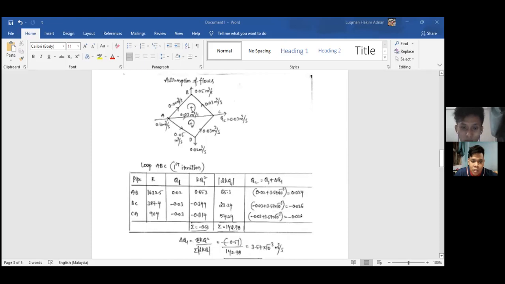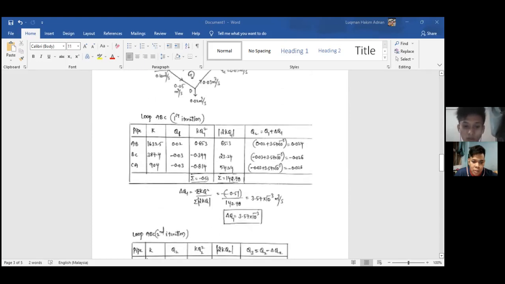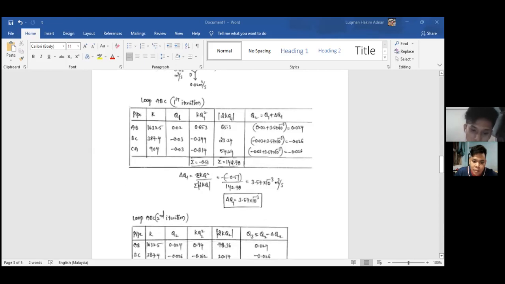We need to assume the flow of each pipe using the formula: delta Q equal to the total of KQ squared over the total of 2KQ. So we can get delta Q1 as 3.57 times 10 to the power of negative 3 meter cube per second.